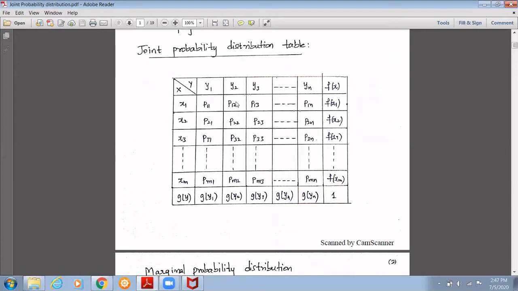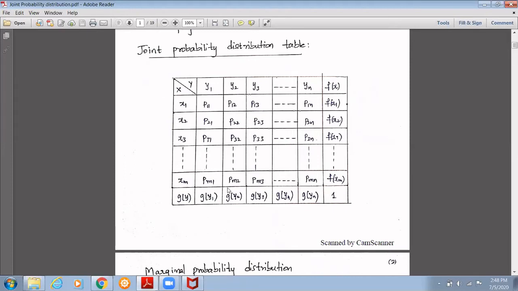Now, this p11 represents the probability of getting the random variable capital X equal to x1 and capital Y equal to y1. In the same way, p12 stands for getting the random variable x1 and y2. p13 stands for getting x equal to x1 and y equal to y3, and so on.